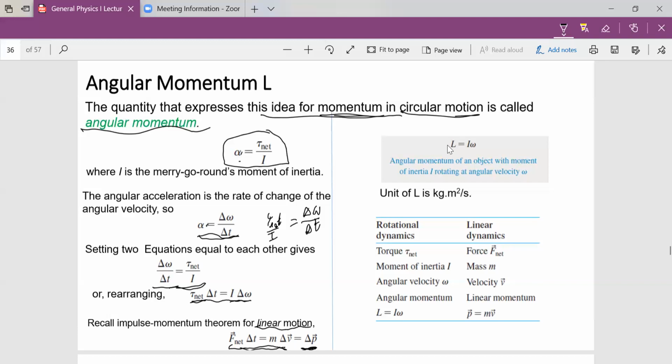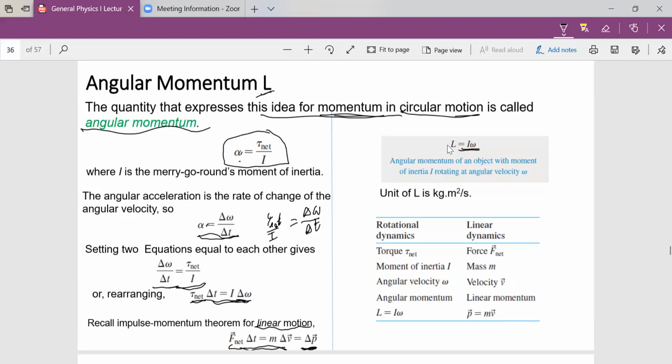All right. So we see that L, which is the symbol for angular momentum, is from this expression equal to this.